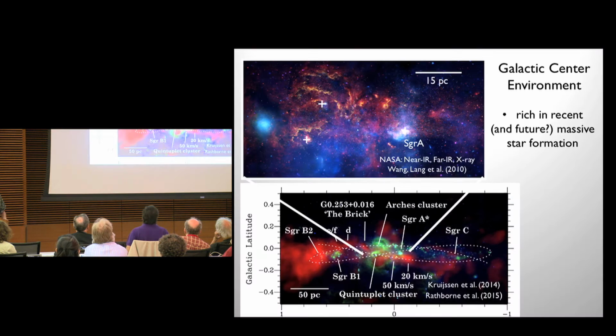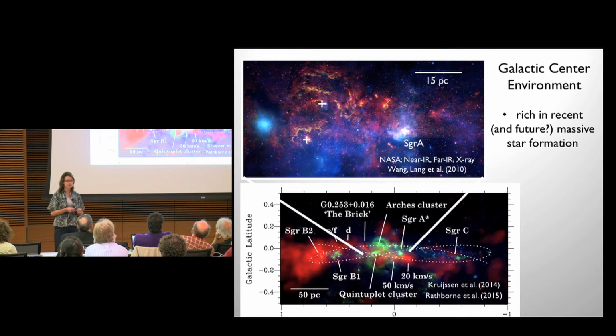To give a little background to set the stage for what's going on in the Galactic Center, the last 2 decades have brought us a more thorough understanding about the energetics in this region. And I would say in large part, the energy is dominated by massive star formation.